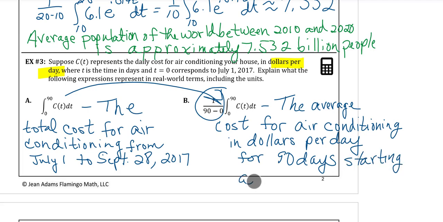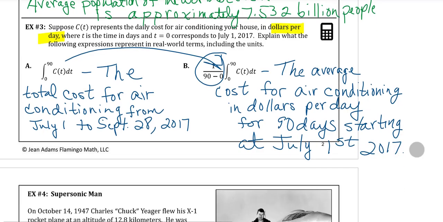You could have listed all the dates again. I'm just showing you another way to write the date range if you didn't want to figure out from July 1st to September 28th. So you could say for 90 days starting at July 1st. That would work as well.